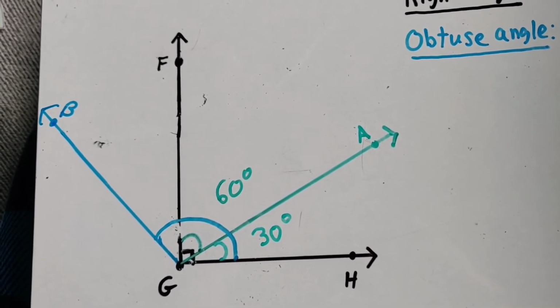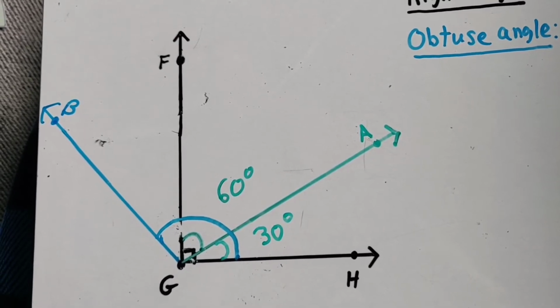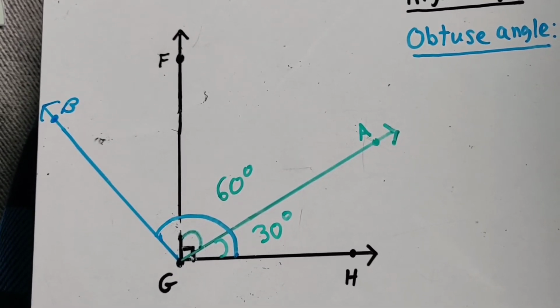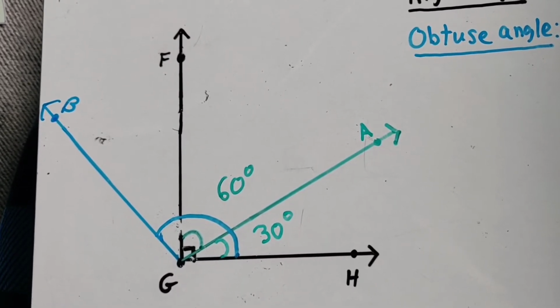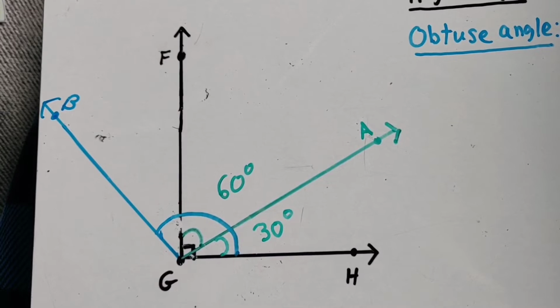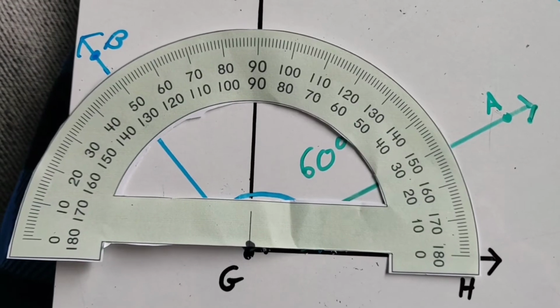Okay, and we're going to figure that out not just by looking at it at the moment, although eventually I think we can just look at them and sometimes tell. But we're going to use our tool, our protractor, to measure it. And let's remember how we use this tool.